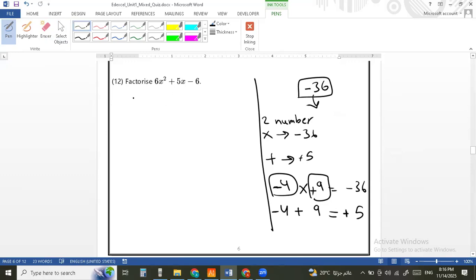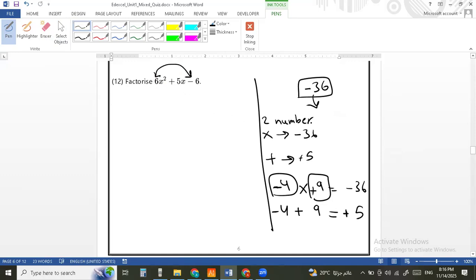You are supposed to follow the steps that we learned before, which is multiplying the 6 by negative 6, because the coefficient of x squared here is not 1, like in the earlier question that we answered earlier in this video. No, the coefficient of x squared here is greater than 1, so you must multiply the 6 by negative 6, which is negative 36.